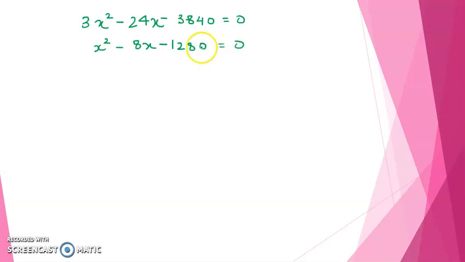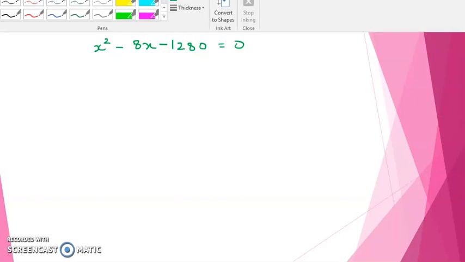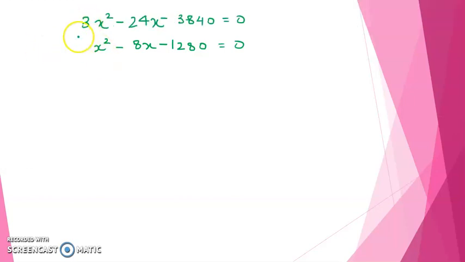This is the equation we have got now. Are you following, students? Why are we dividing by 3? Because our calculation will be easier then.